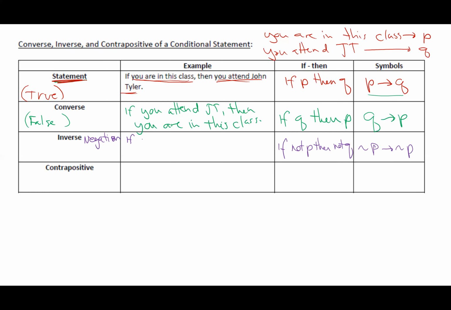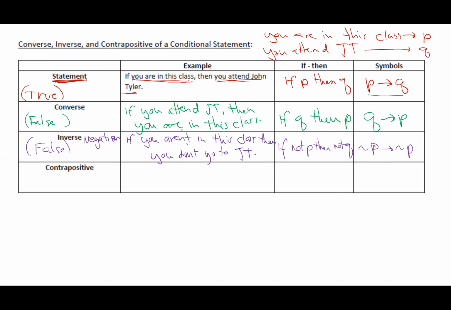You'd say, well, if you aren't in this class, then you don't go to John Tyler. Is that true? If you aren't in this class, does that mean you don't go to John Tyler? False. That's silly. Take somebody who's in, I don't know, Math 161, Pre-Calc 1. They're not in this class, but they definitely go to John Tyler.